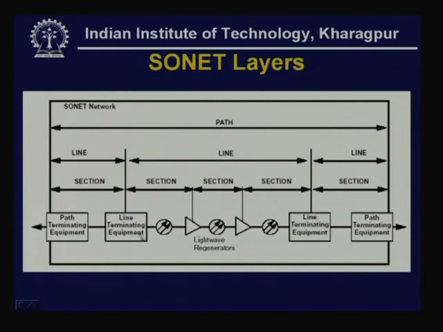Between each of them forms a line, and the end to end, from user to user, where the signal is converted from electrical to optical, optical to electrical, and electrical to optical again, it is essentially a path. So, end to end is the path. Between a path you may have several lines, and between each line you can have several sections, as it is depicted in this diagram.